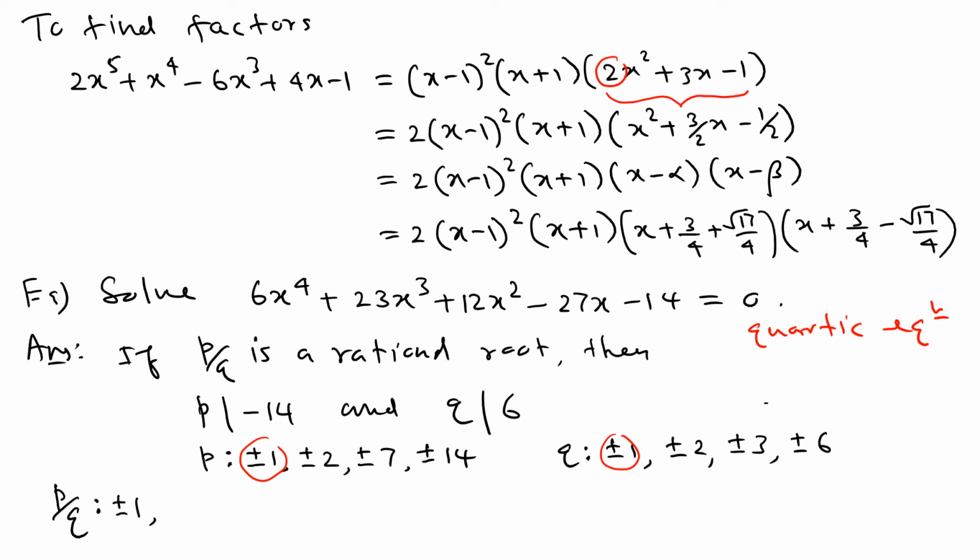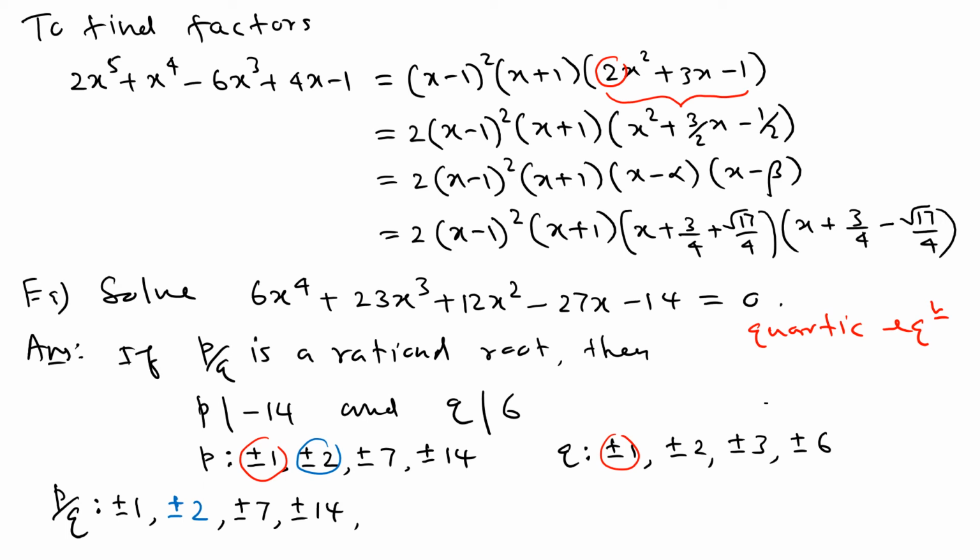Then I'm going to go to the second option of P with the first option of Q. So you're going to get plus or minus 2. That's for the second option. Keep doing that, and then if you go to the next ones, you get plus or minus 7 and plus or minus 14. So you're done with the first option.